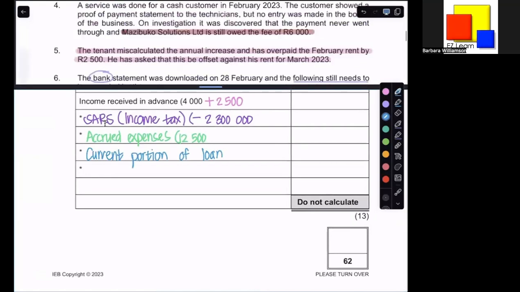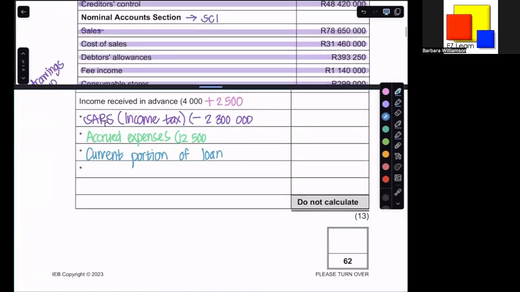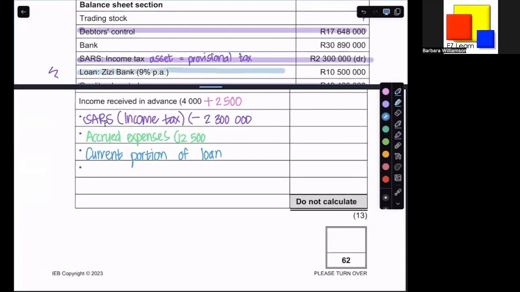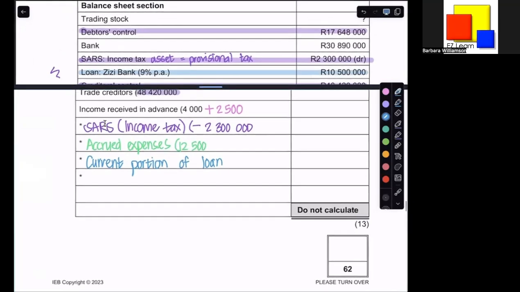We can find the information about the loan over here that was given to us, ZZ Bank. Remember, we made a little note that we might need to come back to it. There we can see it. We don't have to worry about the 9%, but we can use that 10,500,000, and then we multiply it by 1 out of. Now be careful here.